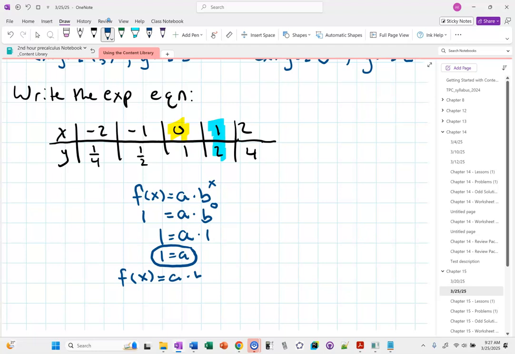Again, I'm still trying to write this equation, but now I'm going to put 2 in for f of x, my answer for a in for a, and my value for x in for x, and solve.